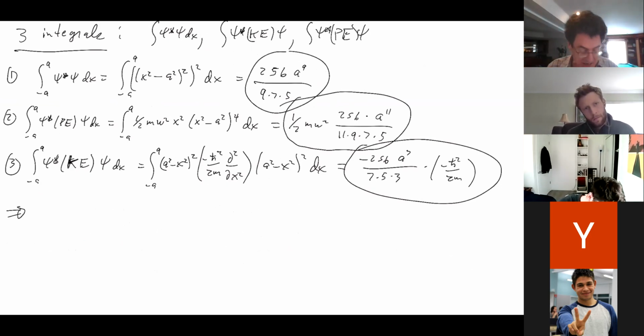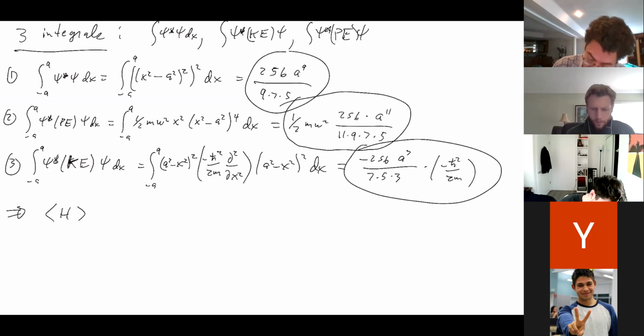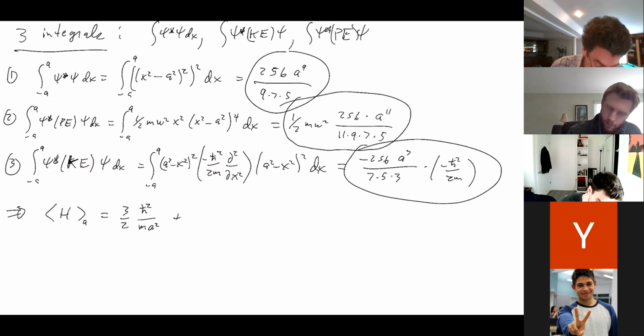Then what I get is that the expectation value of the Hamiltonian, once I do that algebra, which is a function of a, is equal to 3/2 h bar squared over m a squared plus 1 over 22 m omega squared a squared. And so I know that this is going to be greater than or equal to the true ground state energy for any a.